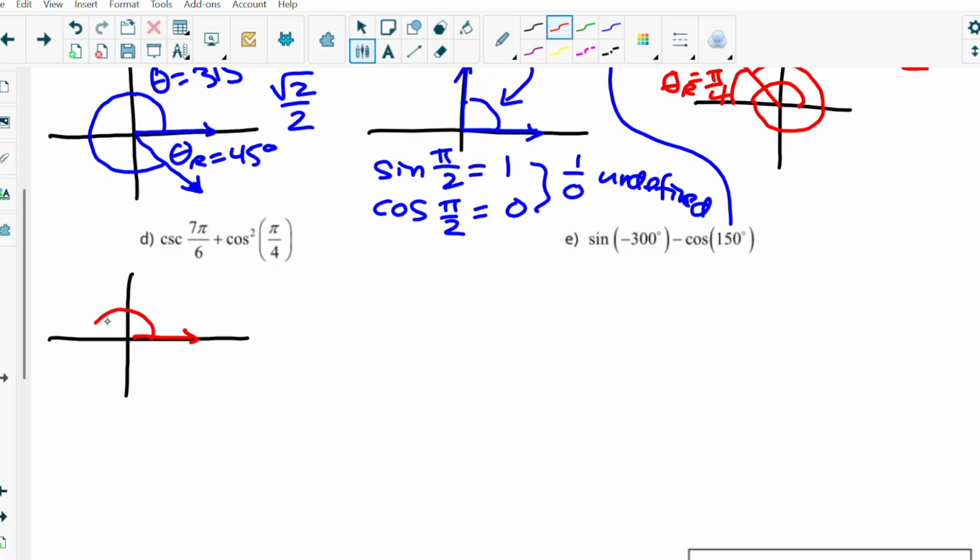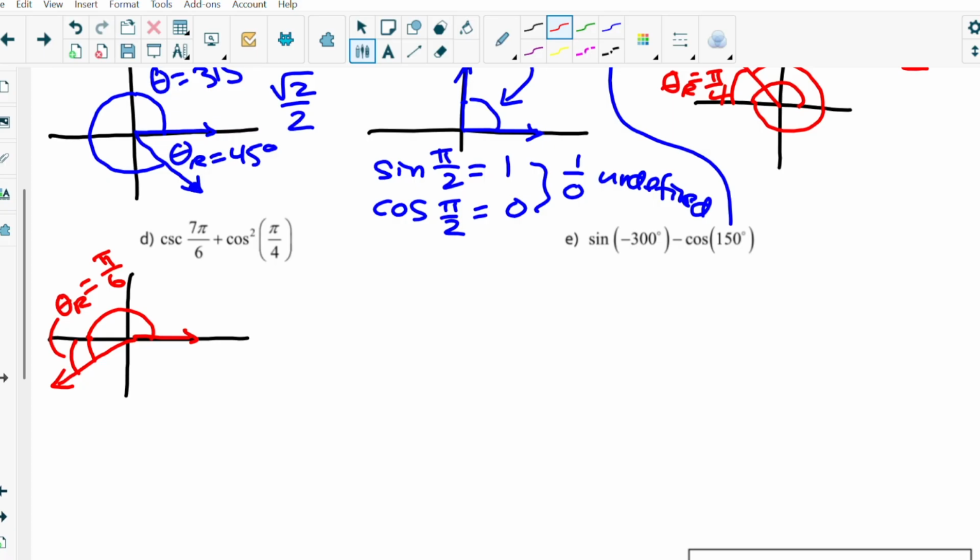That's pi over 6, and then I need 6 pi over 6 up to here. Then I need another pi over 6, and it lands me right there. So theta r value is pi over 6.